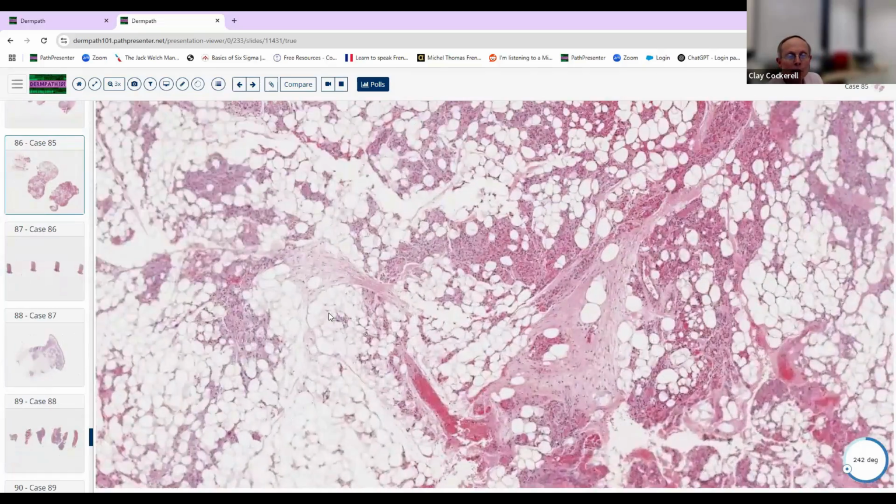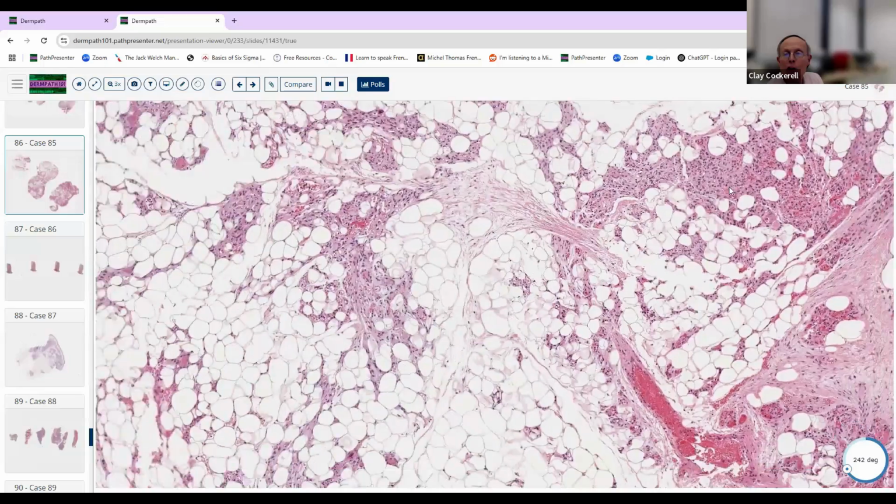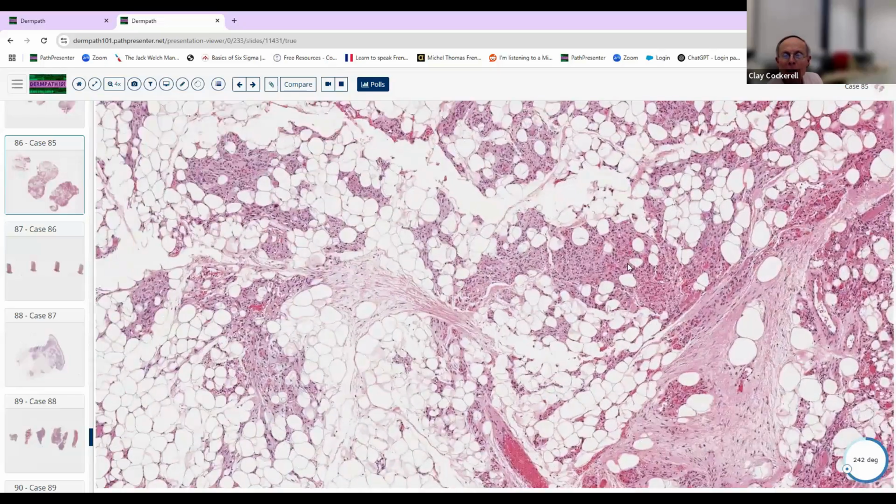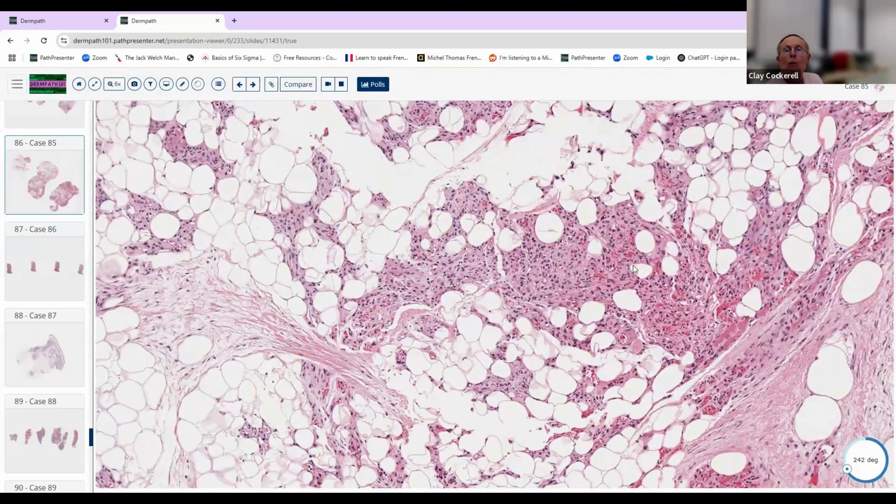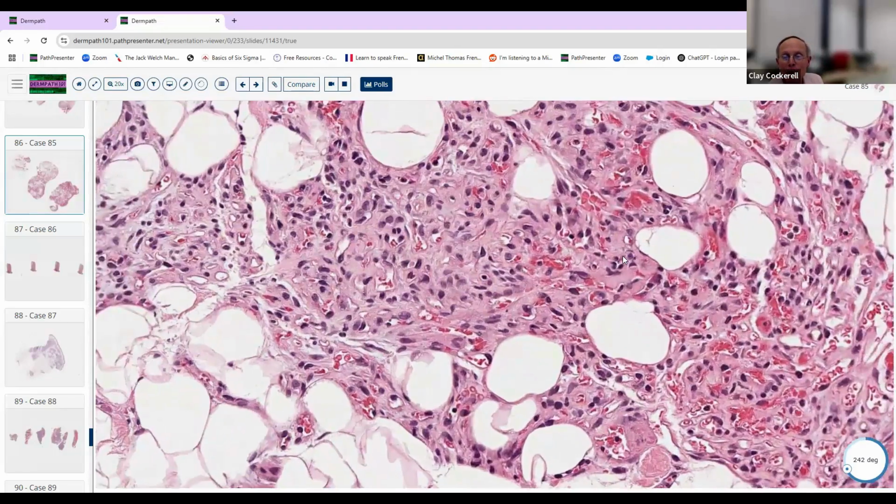Fat cells plus these little glomeruloid vessels equals angiolipoma. Angiolipoma, one of our painful tumors of the skin. So there's about 4 or 5 different fat tumors you need to know. Make sure you know fibrolipoma, myxoid lipoma, spindle cell lipoma, and this variant of lipoma, angiolipoma.